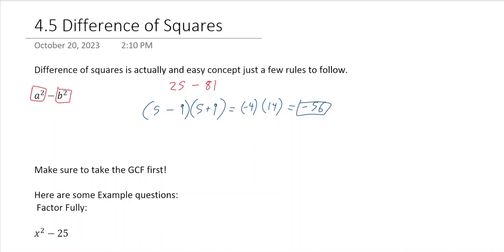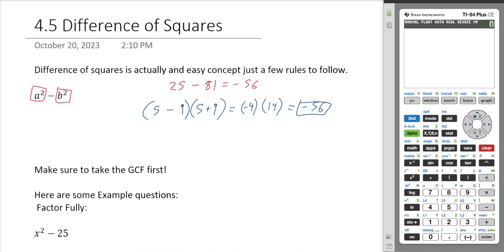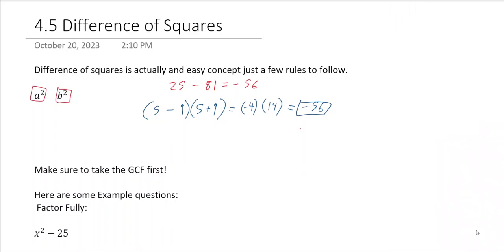And then if we check over here, if we just simply go 25 minus 81, we're also going to get negative 56. If you want, you can test it in your calculator if you don't trust my mental math skills. But anyways, there it is. So what you can see here is that if we do this rule with just numbers, it works. And the rule basically in general, if you can do it with numbers, you can do it with algebra.